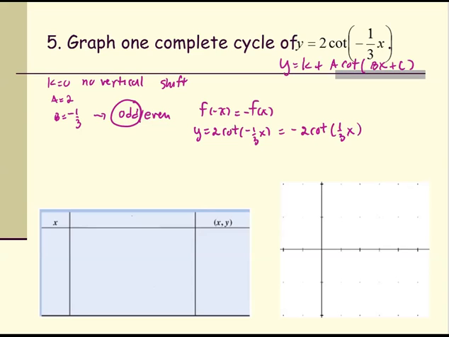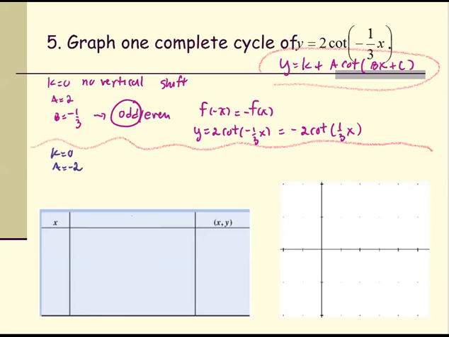And then we're going to follow the pattern of y equals k plus a times cotangent bx plus c again. So then the new list of the k, a, b, and c will be the k value is 0, and the a value now is negative 2.